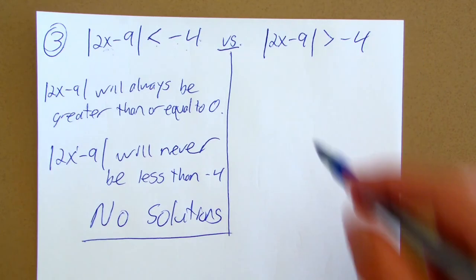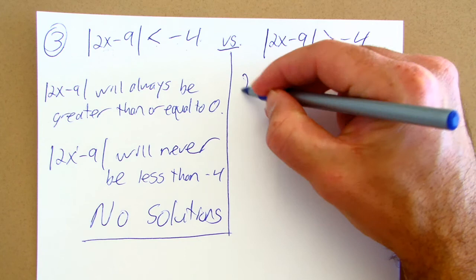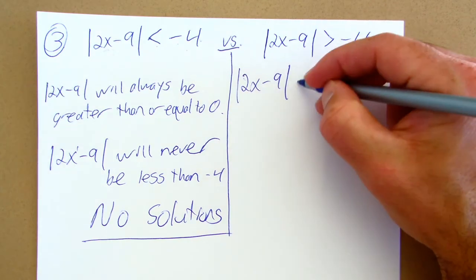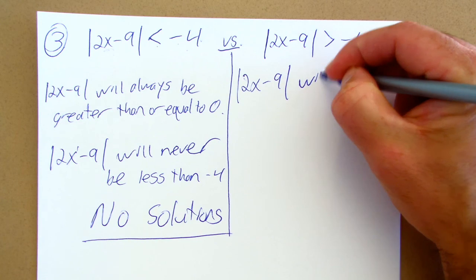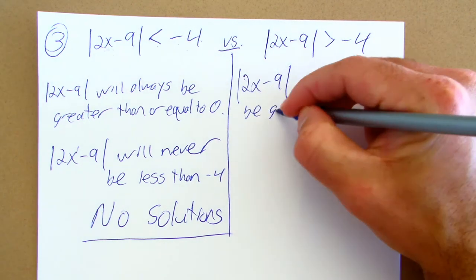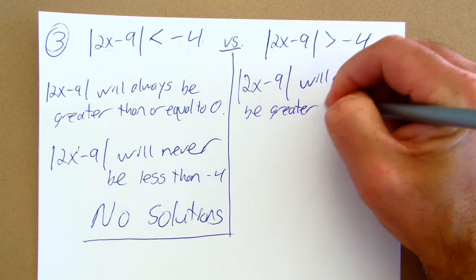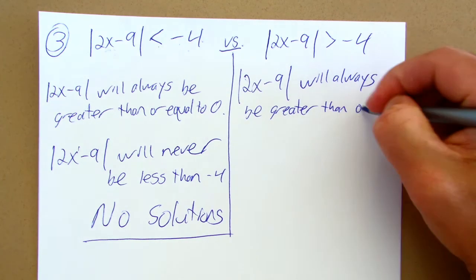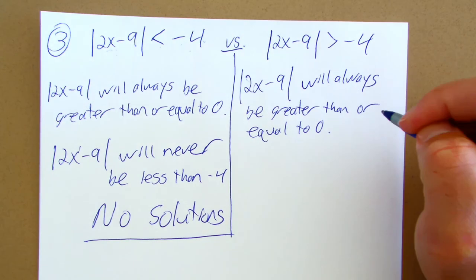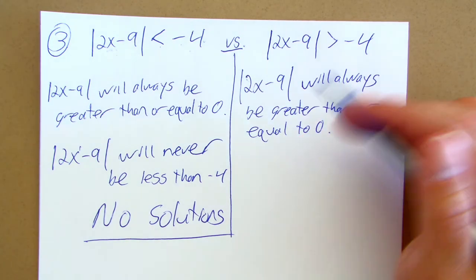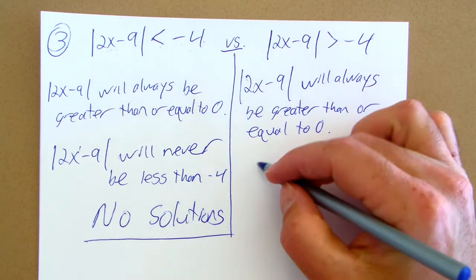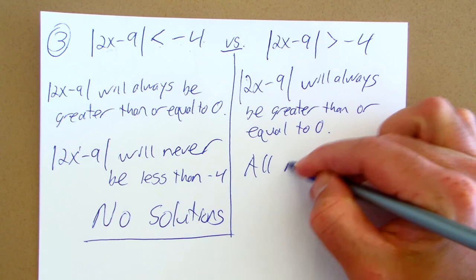If you get the absolute value over here, though, so again, absolute value of 2x minus 9 will always be greater than or equal to 0. Okay, so it's always, like the lowest it could be is 0. 0 is still greater than negative 4. All right, so all real numbers will be solutions.